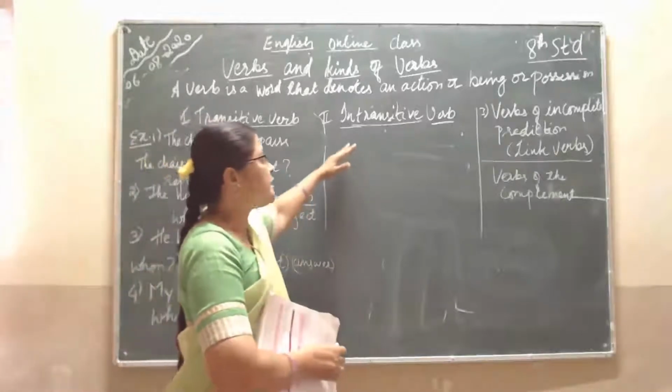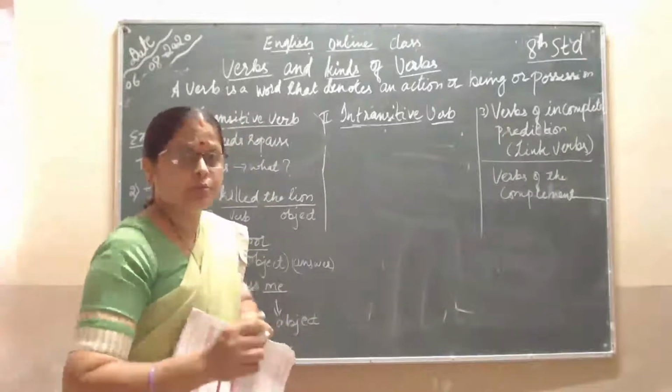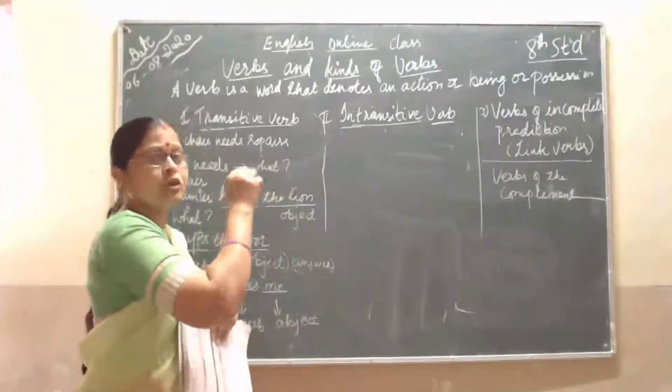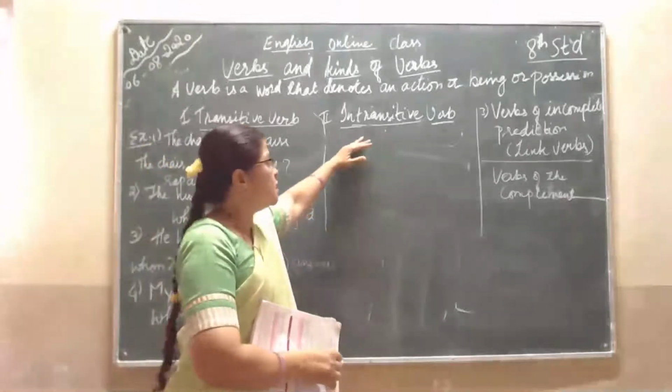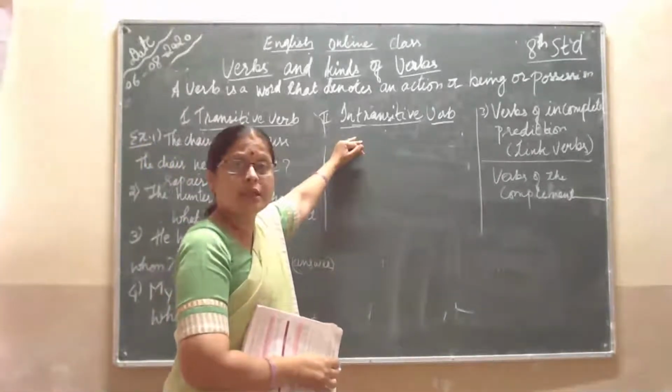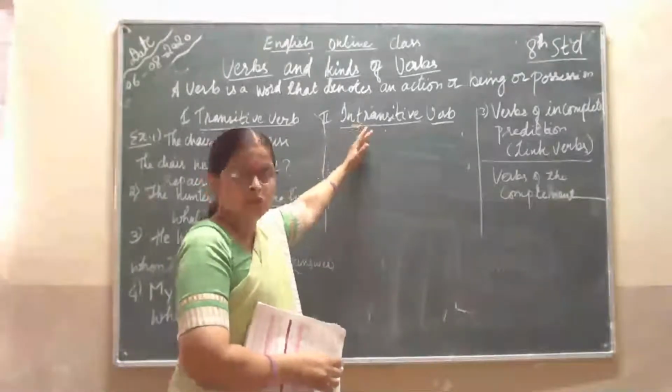Now next is the intransitive verb. What are the intransitive verbs? Already we know the definition of an intransitive verb. This verb does not need an object; without an object, the verb is mentioned in a sentence.